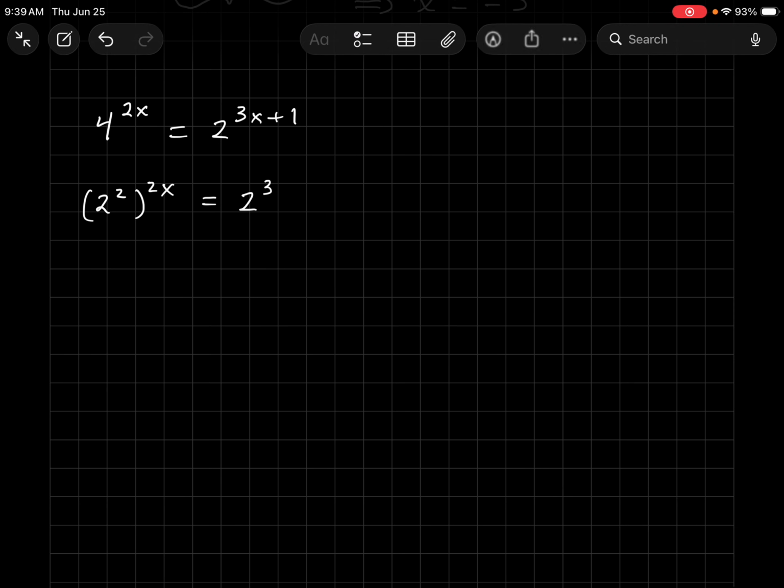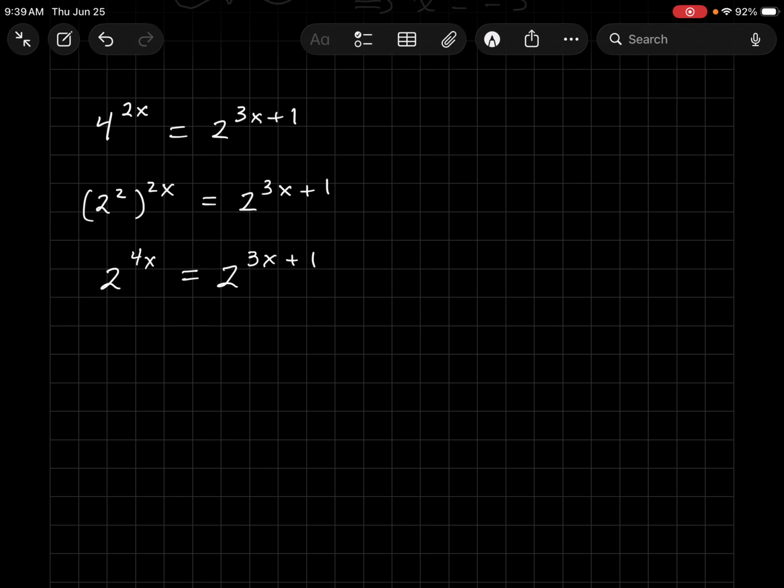equals 2 to the 3x plus 1, and then use my properties of exponents on the left side, when we have a power to a power, we multiply the powers, giving us 2 to the 4x equals 2 to the 3x plus 1.